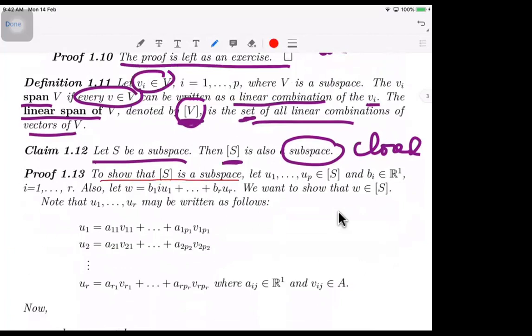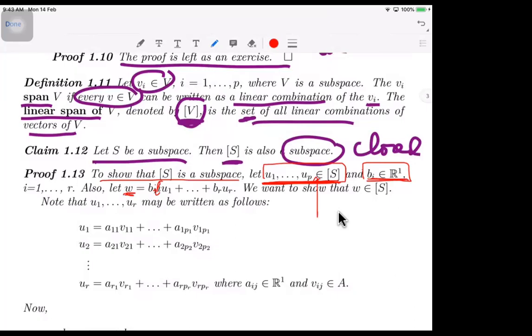To show that it is a subspace, get a vector that is in the linear span. For some scalar b_i, this is supposed to be b_i, subscript b_i. Okay? Get an element vector in the span, for some constants, define a linear combination, a vector that is in the span.